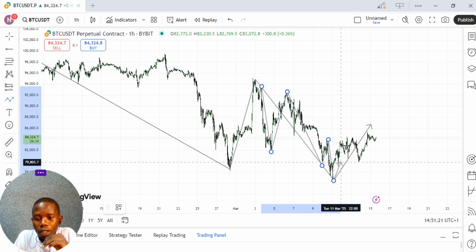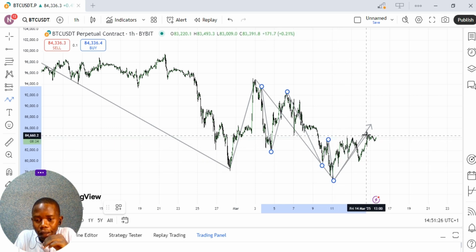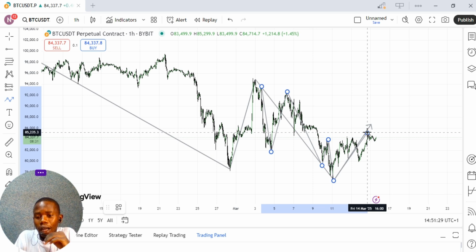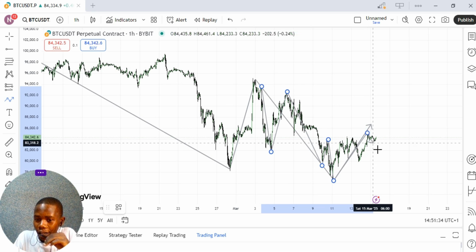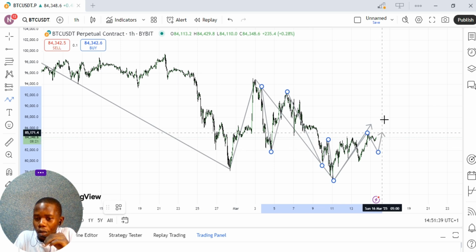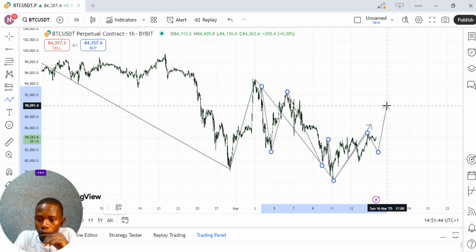The market comes and breaks this zone here, lower high, lower low, probably a lower high to around 90k.